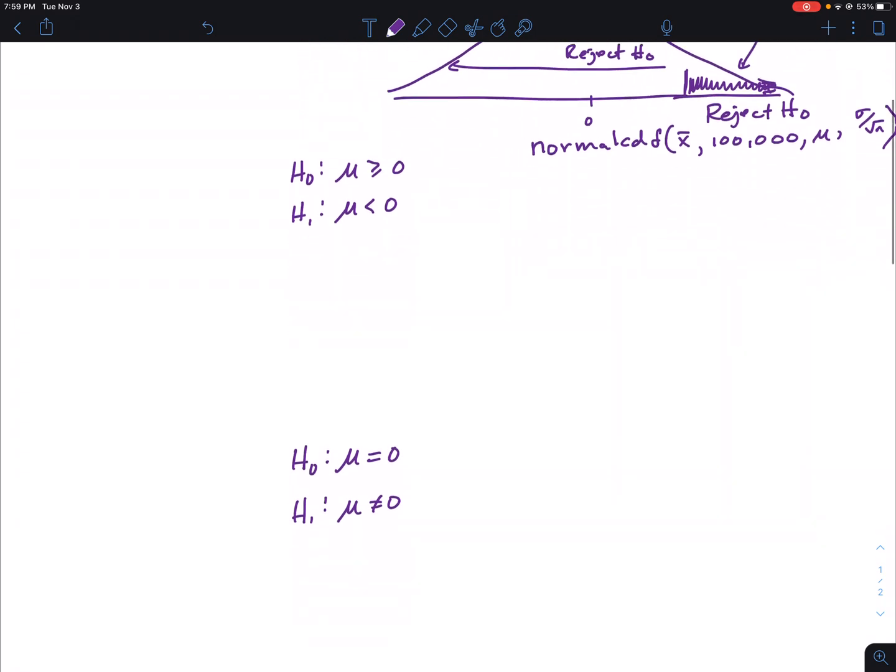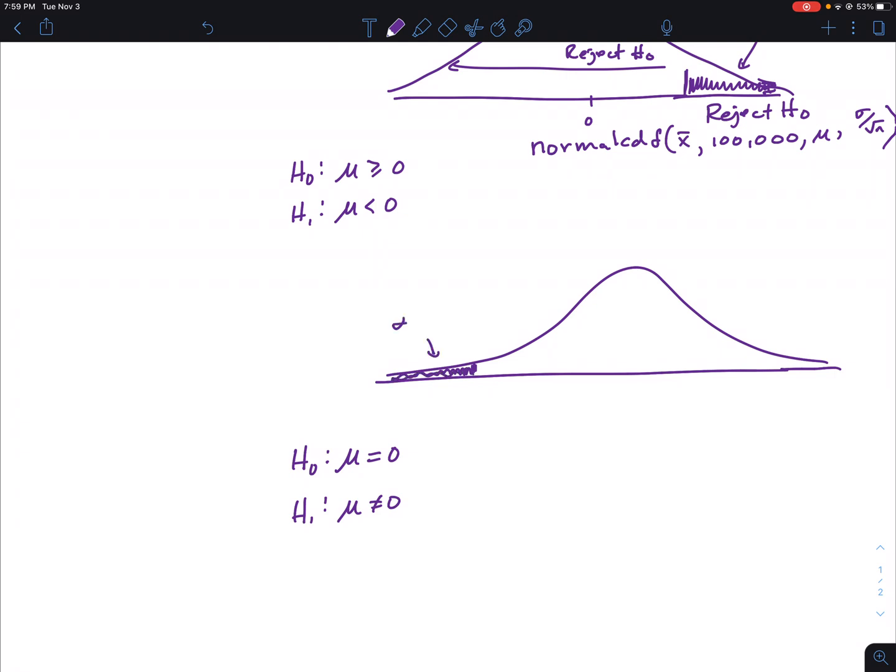All right, so if we've got the opposite, and the mu that we're interested in is less than 0, then our normal curve is going to go this way. Just for argument's sake, let's assume this is alpha, so this is the low alpha.